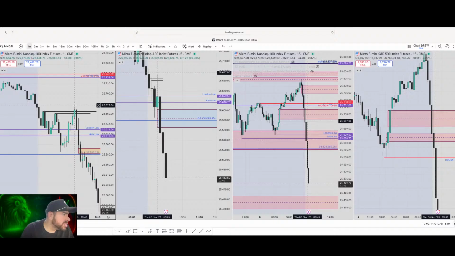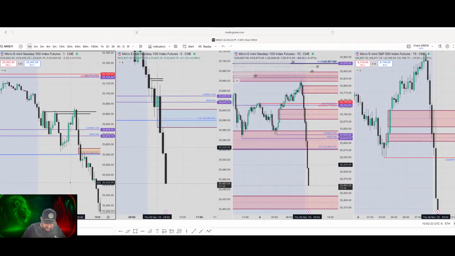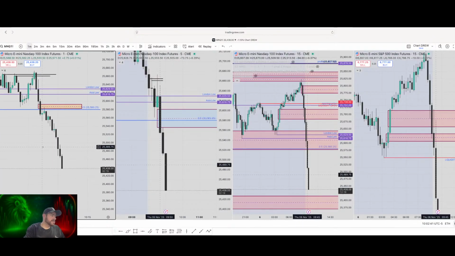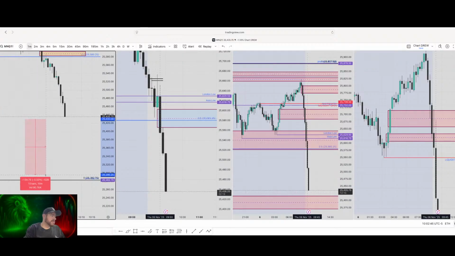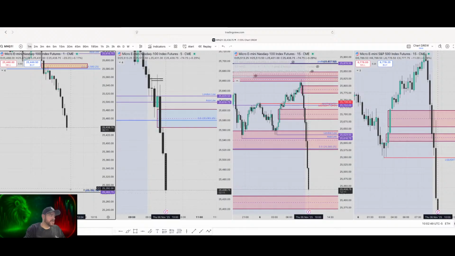No, you want to get in when it retraces and then comes back down. We may go straight to the target, which is cool with me.